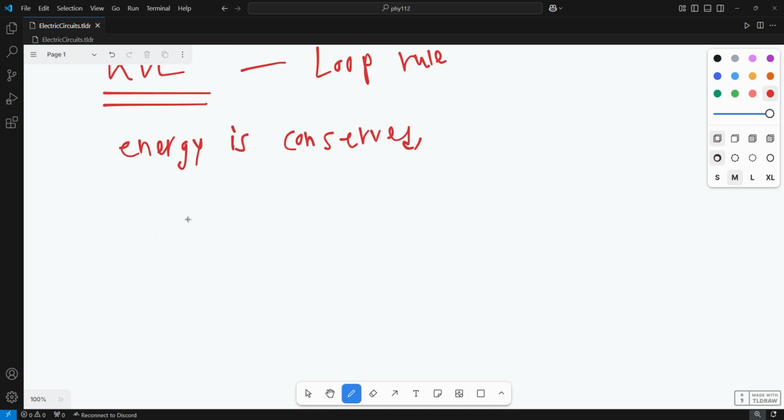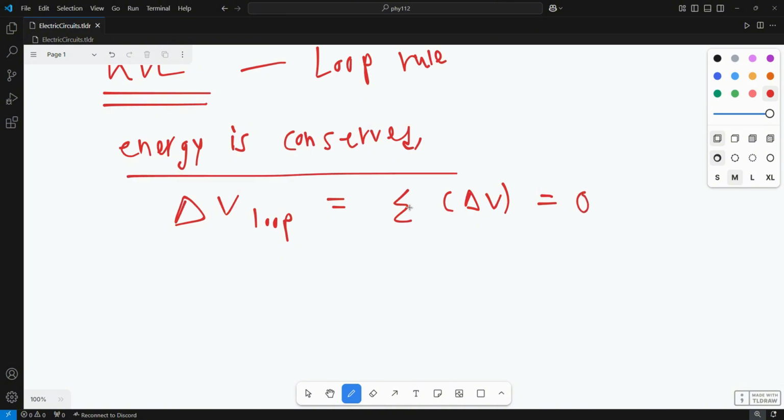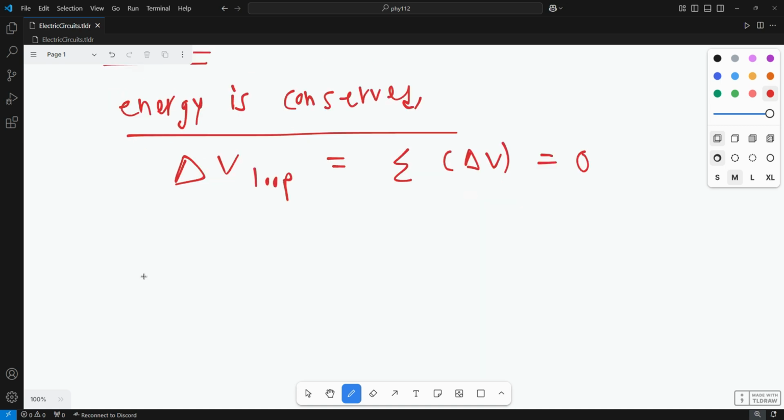Let's say that this law states that the potential difference of the loop is equal to the summation of all potential differences, which will be equal to 0 as energy is conserved. So we can verify this by using this concept that when the net displacement is 0, then we'll get this.